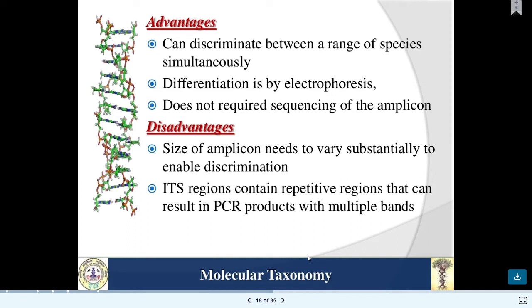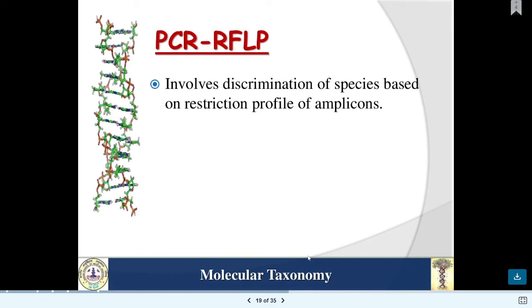ITS regions contain repetitive regions that can result in PCR products with multiple bands. These multiple bands can be problematic for identifying whether that species is there or not.